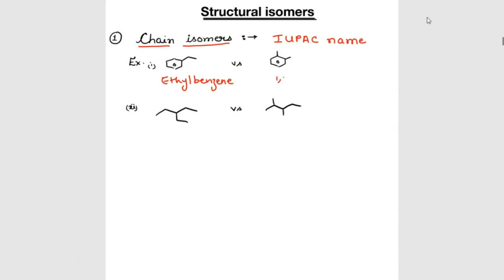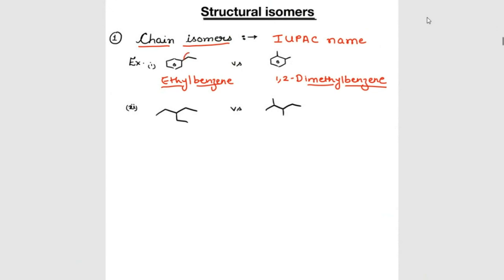This is 1,2-dimethylbenzene. Once you assign the name, you check whether there is any change in the root word of the substituent or the parent chain. There should be a change either in the root word of the substituent or in the root word of the side chain.